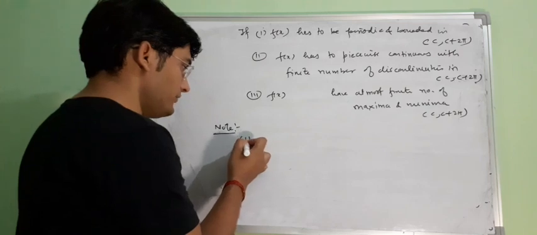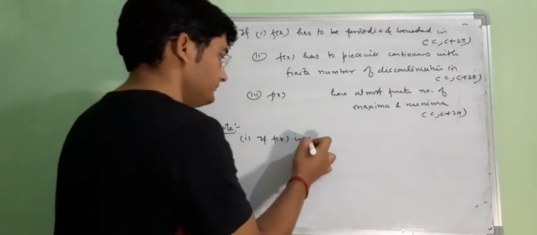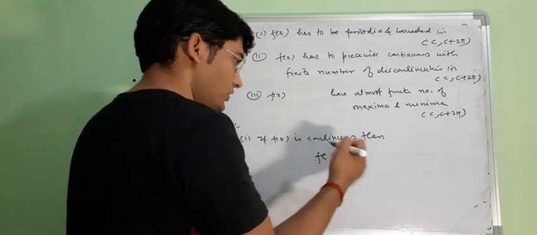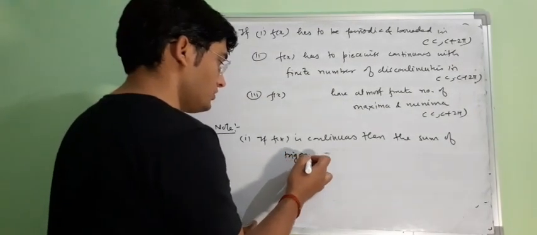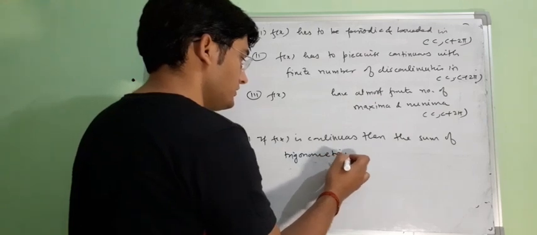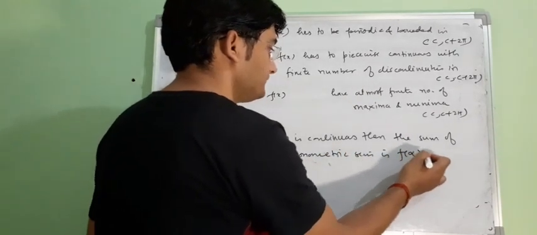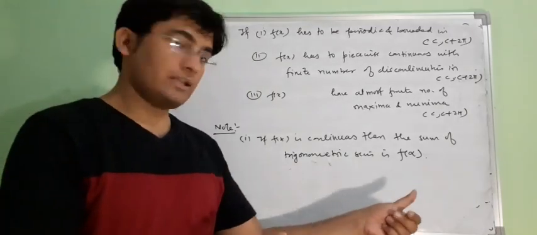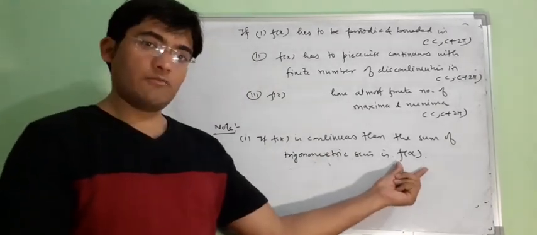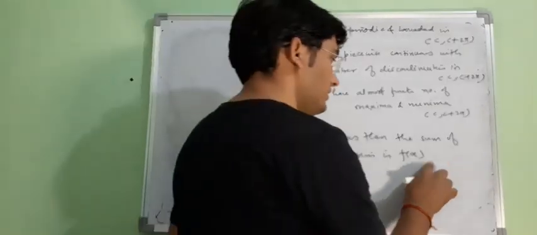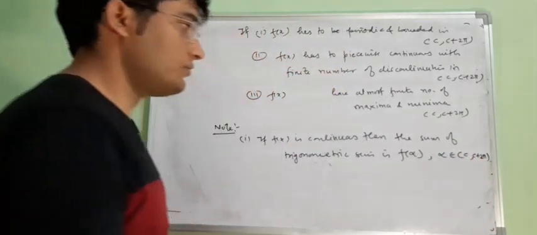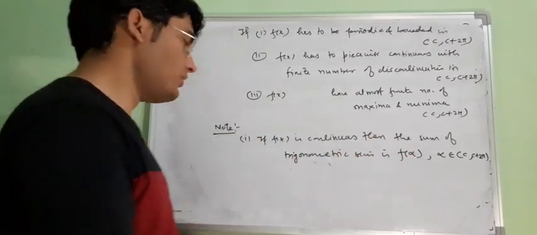Now, if f(x) is continuous, then the sum of the trigonometric series a0 by 2 plus summation n equal to 1 to infinity an cos nx plus bn sin nx is f of alpha, where alpha is a point of the interval.